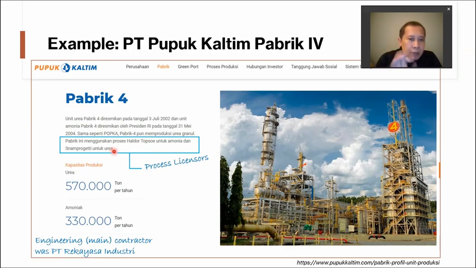And it's not written here, but if you browse the internet, you'll find that the engineering main contractor for Pupuk Kaltim 4 was PT Rekayasa Industri. So Rekayasa Industri was the engineering contractor, and these companies are the process licensors who sold their license to Rekayasa Industri.